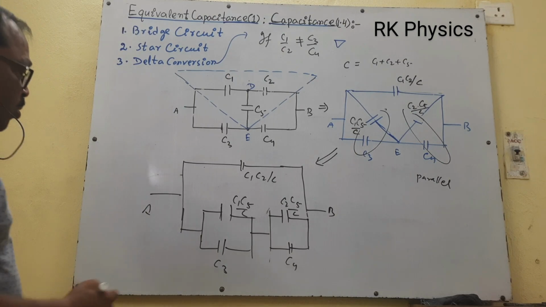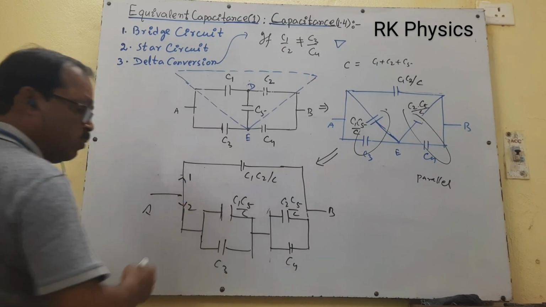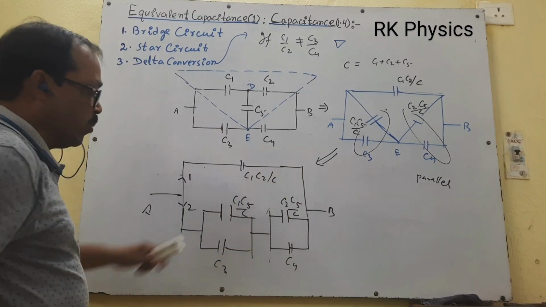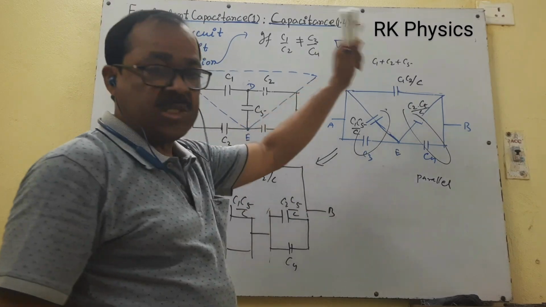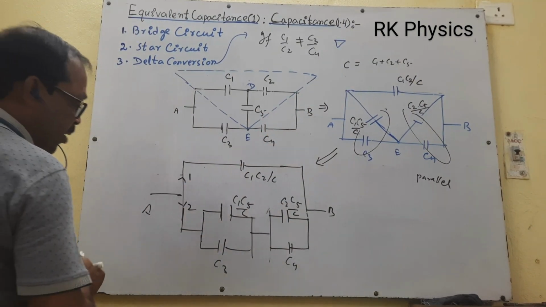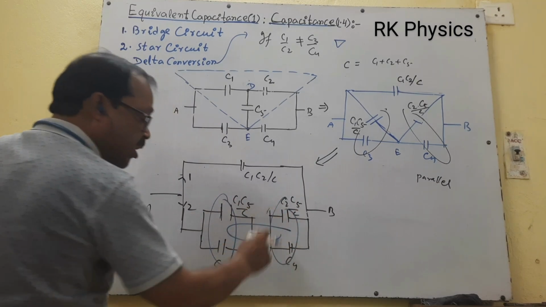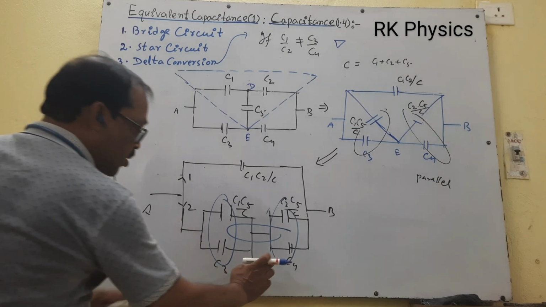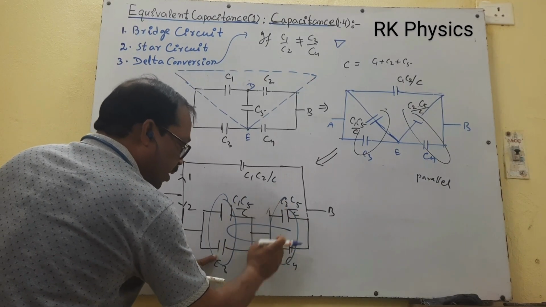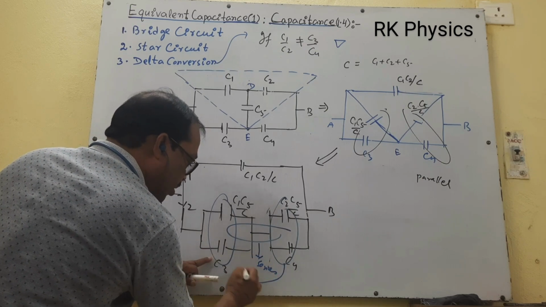Now from A to B, how many paths? Path 1, path 2. In path 1 there is one capacitor, C1 into C2 divided by C. You can find out the value of this capacitor. Now along path 2, these two are parallel, these two are parallel, and these two are in series.